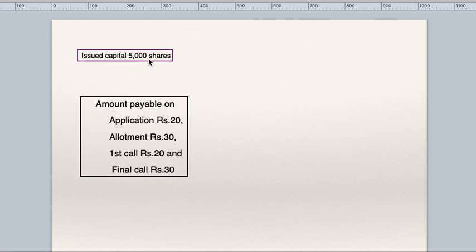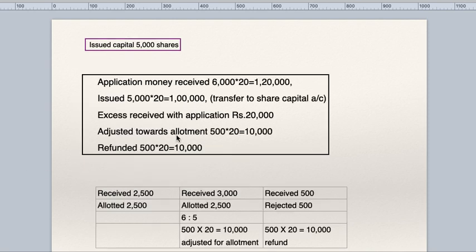Issued capital is 5,000 shares. You have to consider 5,000 while passing journal entries. Amount payable on application 20, allotment 30, first call 20 and final call 30. Application money received on 6,000 applications. So how much they have received? 1,20,000. But which amount should go to capital?